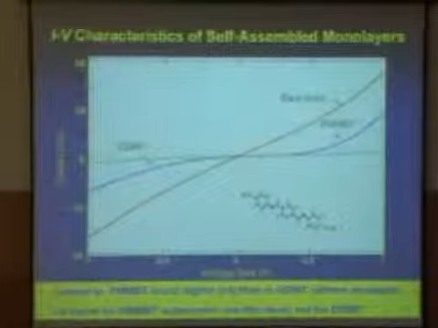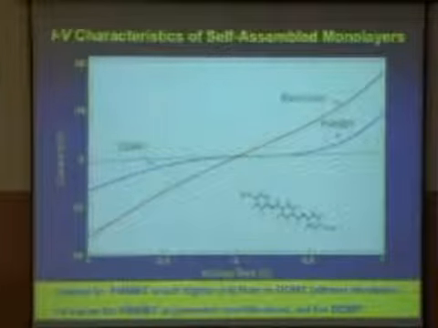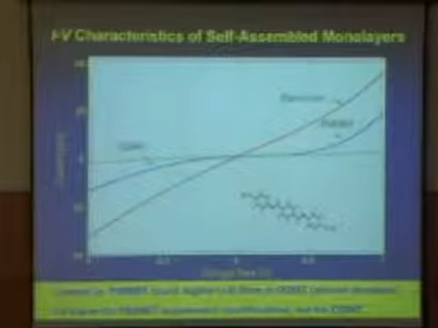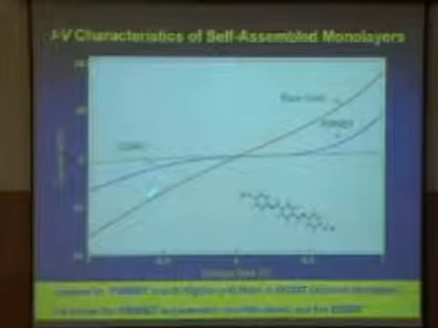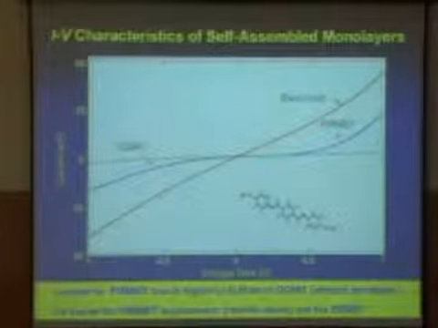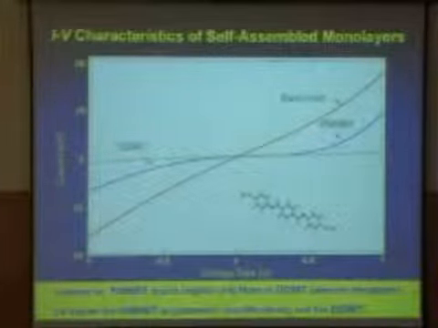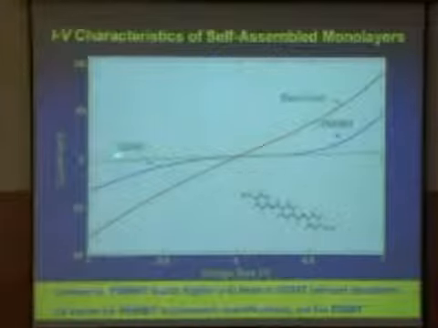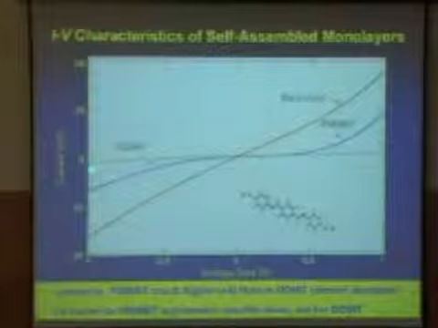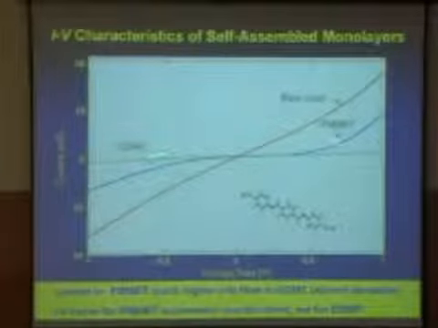Now, if you look at the IV characteristics, what again is coming from Shashi Karna's group: he said, let's calculate what happens without the molecule. So bare gold is simple, increase the voltage, so current increases. And if I pick up a reference point as a very insulating material, there is no rectification here.